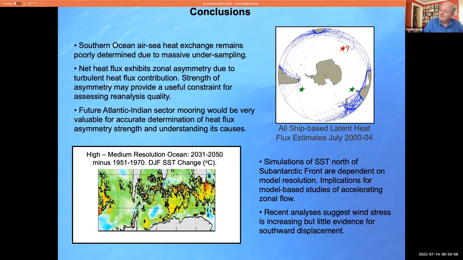So if it really is an SST-driven thing and is less sensitive to the atmospheric variability, then you might expect it to be more constant from year to year, but it wouldn't be that sensitive to the state of the atmosphere. So that would be an interesting thing to find out.